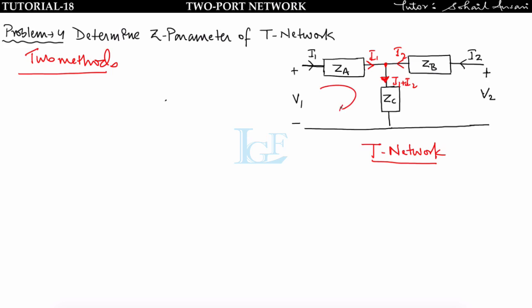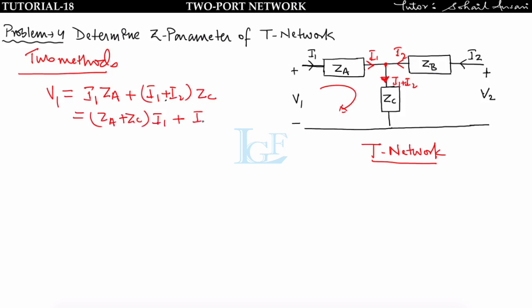Now apply KVL. Then you will get V1 is equal to I1 ZA plus (I1 plus I2) ZC, which means (ZA plus ZC) I1 plus I2 ZC. Now compare this equation with the standard Z parametric equation.